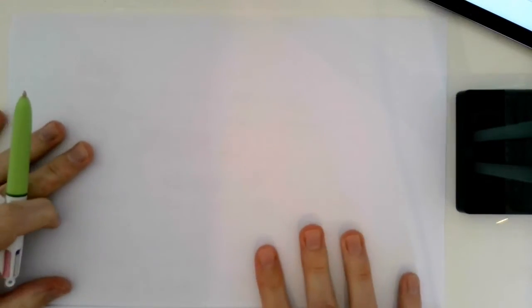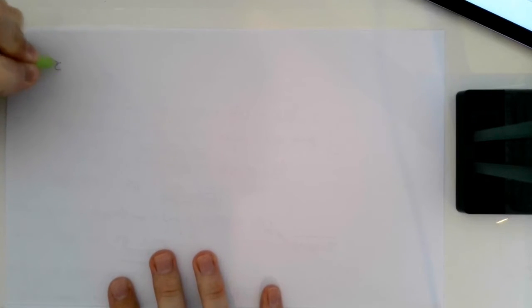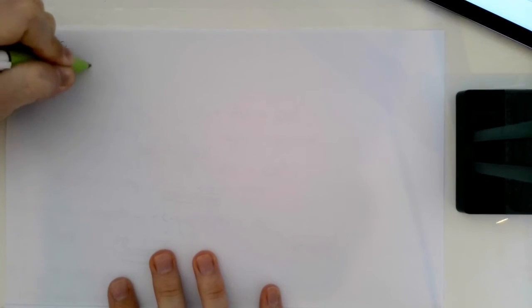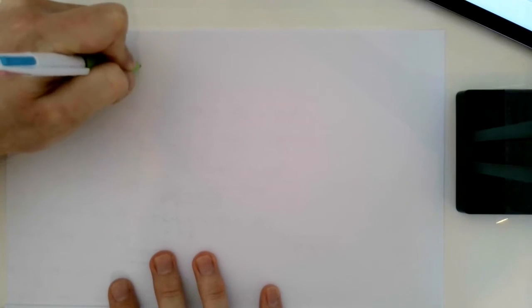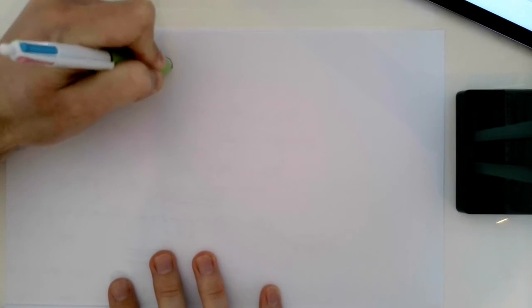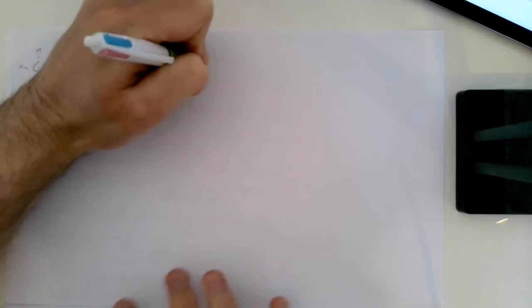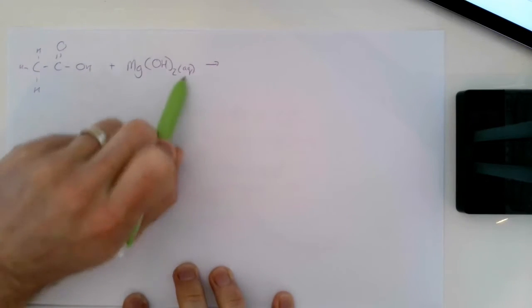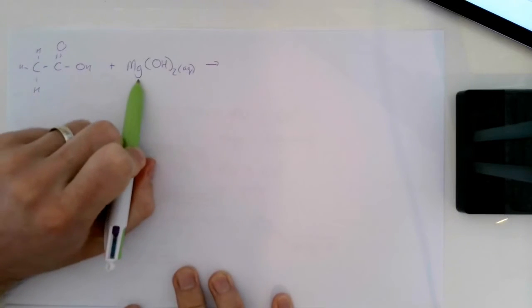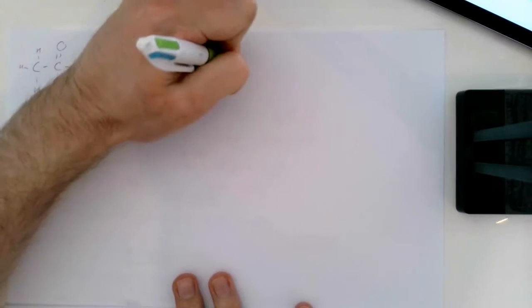If we thought of one that formed a 2 plus charge, let me try magnesium as an example, so ethanoic acid plus, let's do magnesium hydroxide, aqueous. So acid plus, hopefully you can decide what that is. That is an alkali, so acid plus alkali is going to make a salt and water.